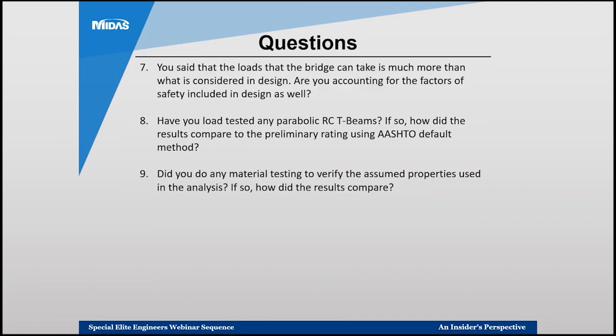Question number 9, did you do any material testing to verify the assumed properties used in the analysis? We didn't for that specific bridge. We didn't do any testing, but we are using the concrete strength that I showed at 2.5 ksi, which is an absolute minimum based on the records from DOTD. But in some projects, we do some testing and it comes out to be higher than that.